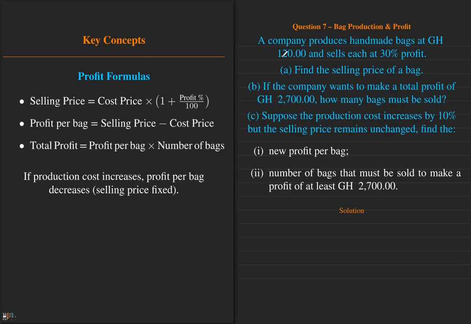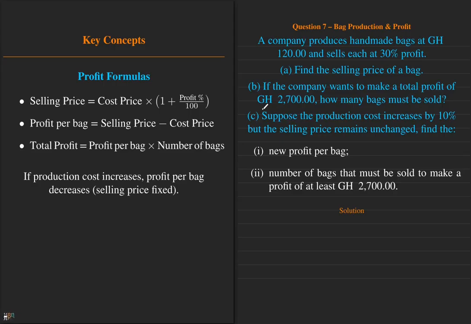It says a company produces handmade bags at 120 cedis and sells each. Take note, it says it sells each at 30% profit. Our first question is to find the selling price of a bag. Secondly, if the company wants to make a total profit of 2,700 cedis, how many bags must be sold?